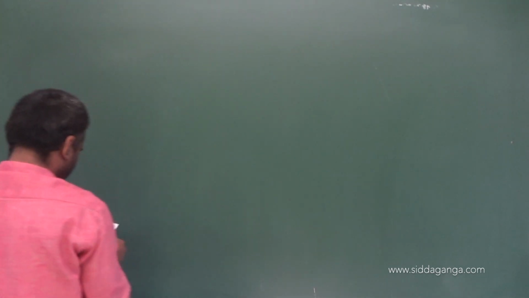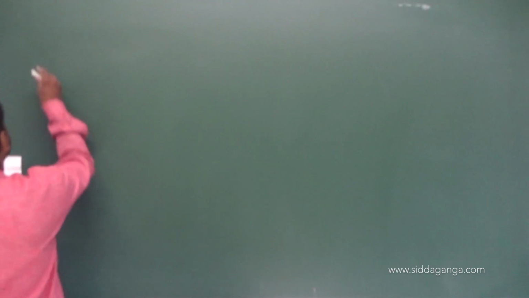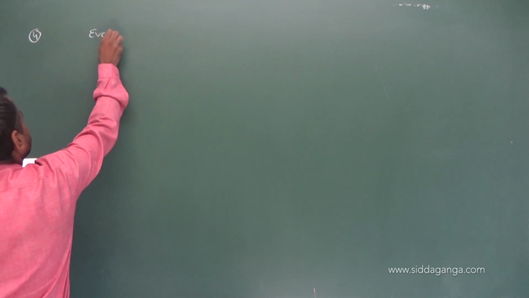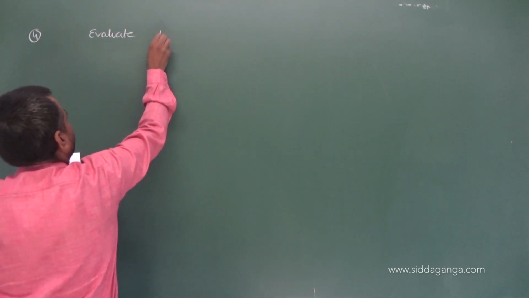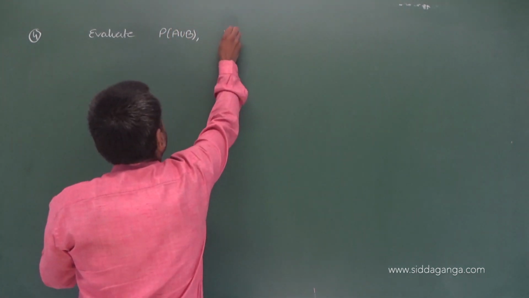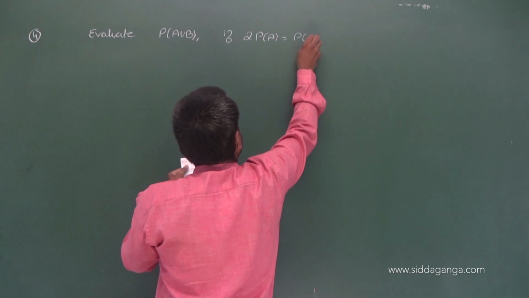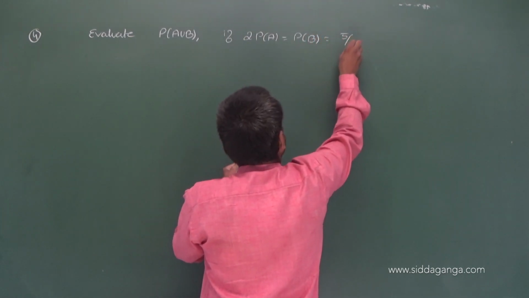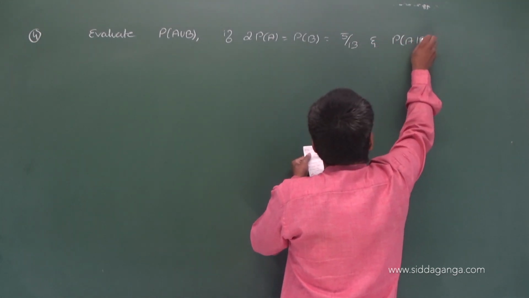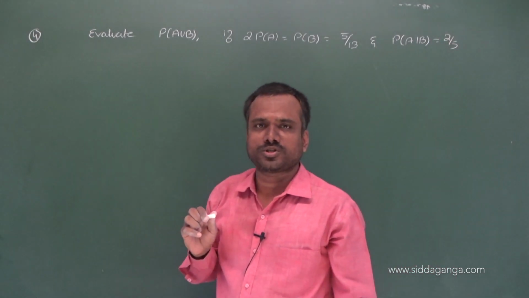Next problem, fourth problem. Evaluate P of A union B if 2 into P of A is equal to P of B is equal to 5 by 13, and P of A given B is equal to 2 by 5.